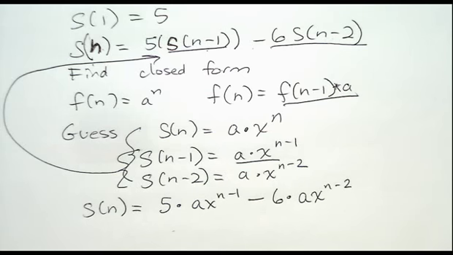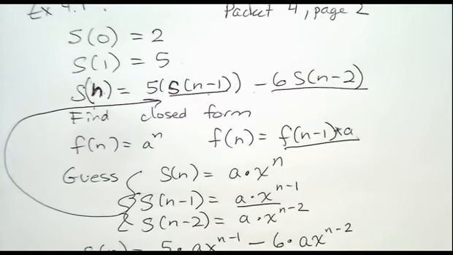Are there any s's on the right-hand side? No. So, yay, we're on our way to a closed form. We don't know what a and x are, but we're going to figure it out. So, in order to figure out two variables, I need to have two equations, right? Well, the cool thing is I have two prior values of s.